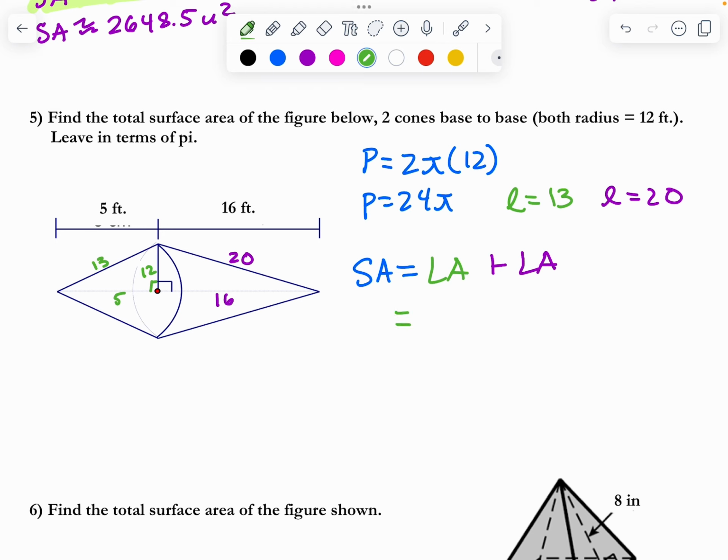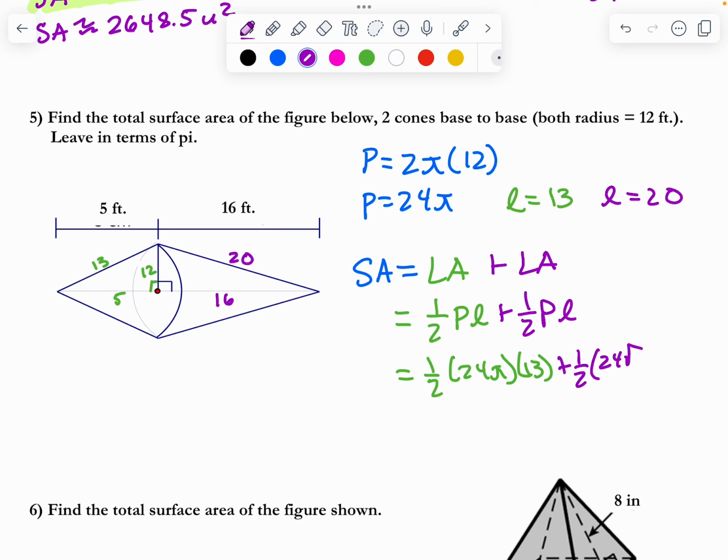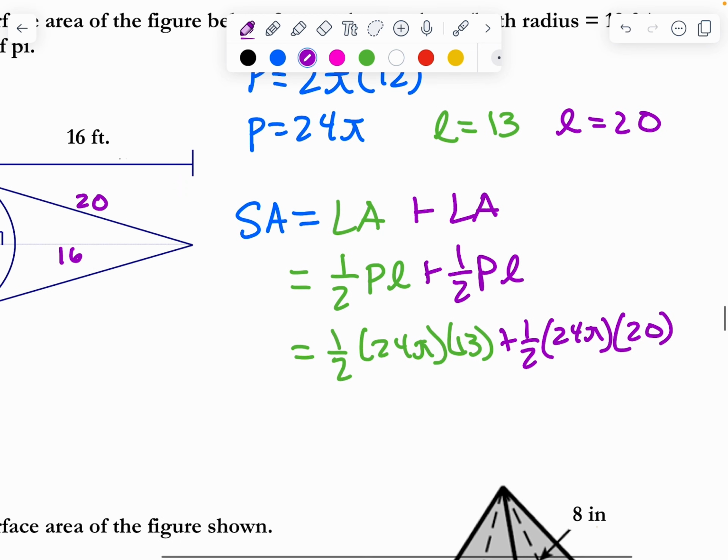My lateral area, remember, is half P times L plus half P times L. So let's finish this up: 1/2 times 24 pi times 13 plus 1/2 times 24 pi again times 20. I'm sorry that it's looking a little messy. I'll clean up the rest of my handwriting here.